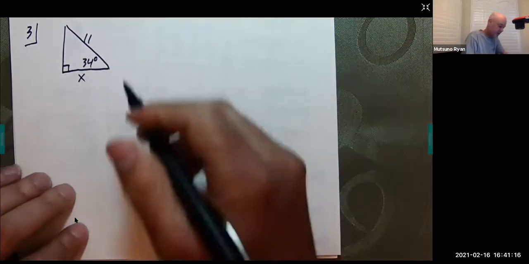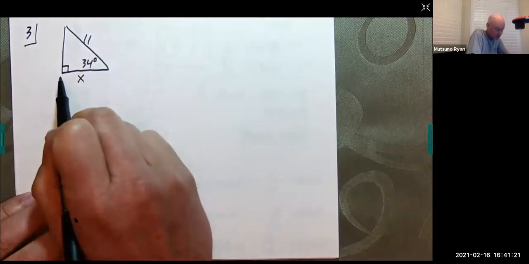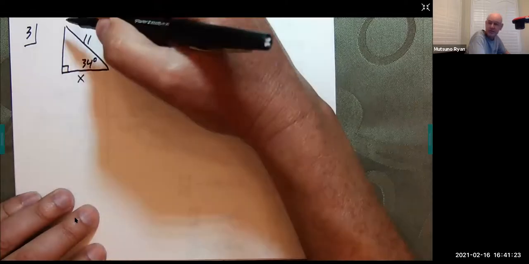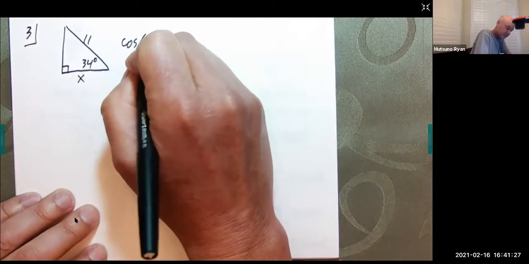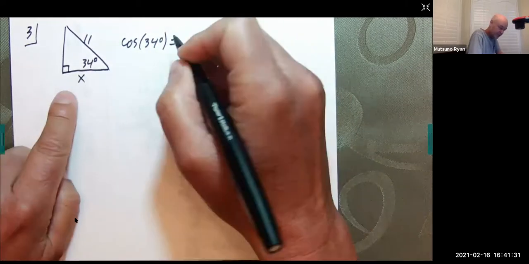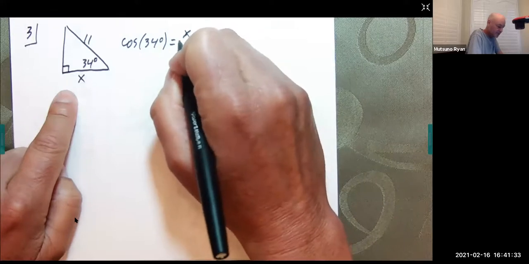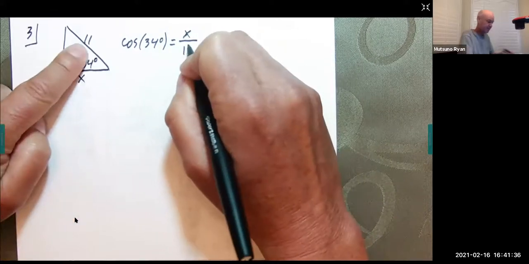And I need the trigonometric function that is going to have, relative to this angle, adjacent and hypotenuse involved. That's going to be cosine. The cosine of an angle is the adjacent, that's the unknown x here, over the hypotenuse, which in this case is 11.